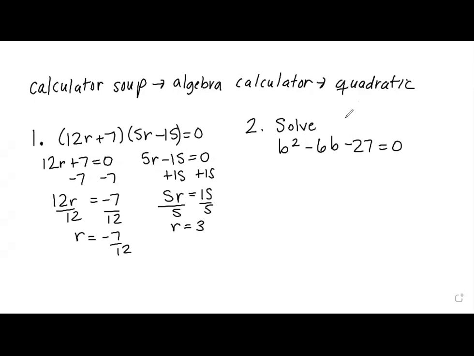So on this problem, and this is 6b, not 66, 6b, in order to even get this ready for the calculator, we kind of need to pick our a and our b and our c. So there's nothing in front of the b squared. It doesn't matter if it's a b and not an x. So we would just say 1. There's a -6 in front of our b to the first power, and our c would be -27.